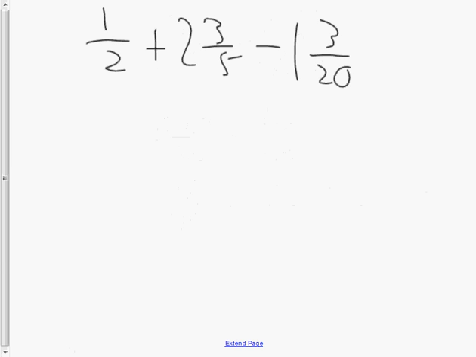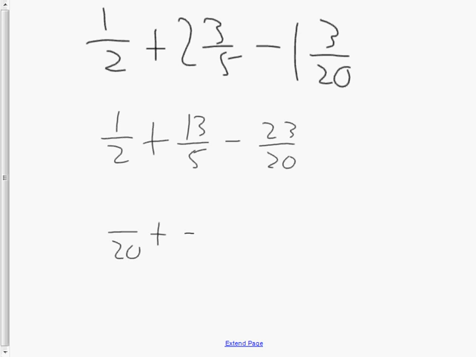Your next question, same idea. So I'm going to change all of them into improper fractions. And then what I'm going to do is I'm going to find that common denominator. In this case, all three of them will have 20 as a common multiple of 2, 5, and 20. This would be 10/20, which is equivalent to half.